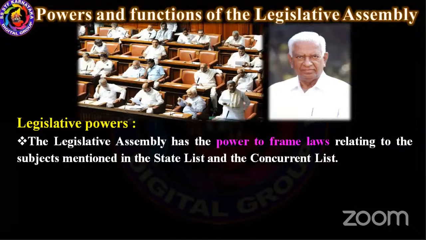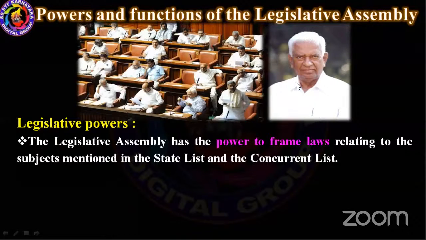Yesterday I told you that all the subjects belonging to our country are mentioned in three lists. First is the central list, also called the union list. The second is the state list, and the third is the concurrent list.